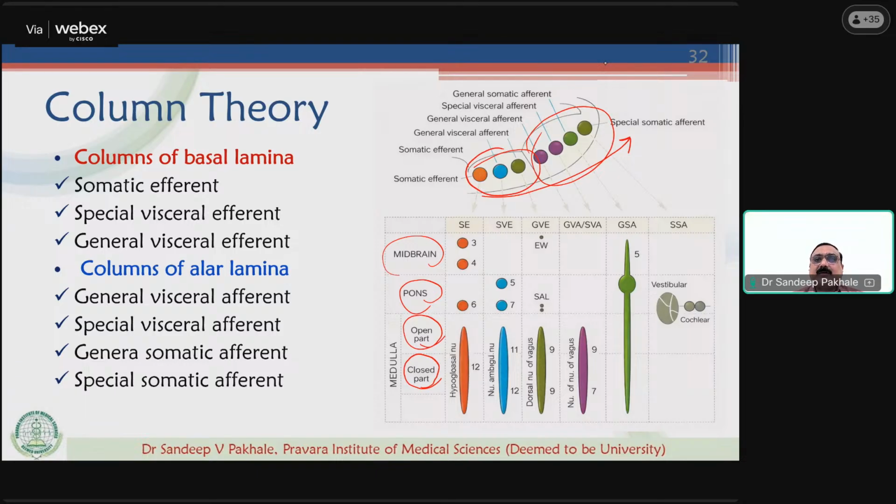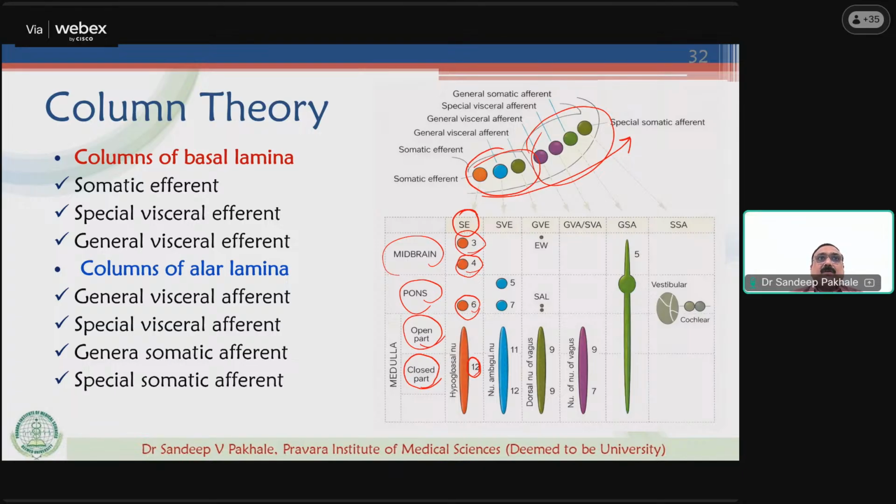Starting with the basal lamina, which is motor, the columns are arranged from medial to lateral. First is somatic efferent. You can see here the hypoglossal nerve nucleus, abducens nerve nucleus, trochlear nerve nucleus, and oculomotor nerve nucleus, supplying the extraocular muscles and the muscles of the tongue.